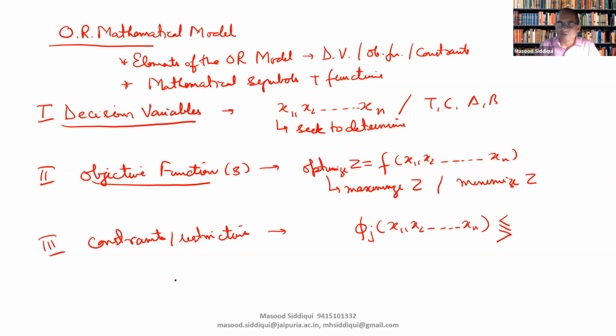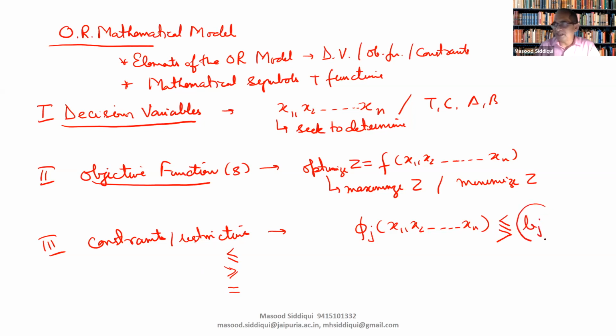Normally we use three types of conditions. One is less than or equal to, which denotes that not more than this can be used. The other is greater than or equal to, meaning at least that much amount should be there, or at least that much condition is to be imposed. And the last is strict equality, that is equal to some coefficient bj.